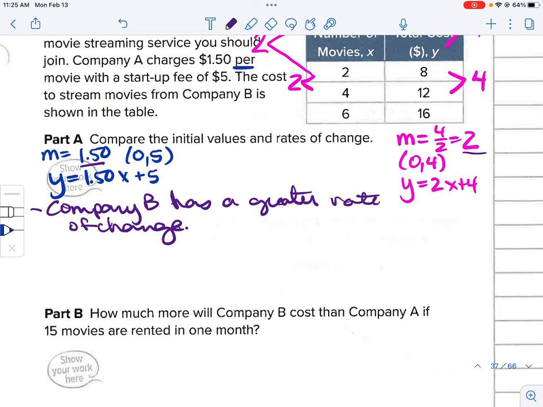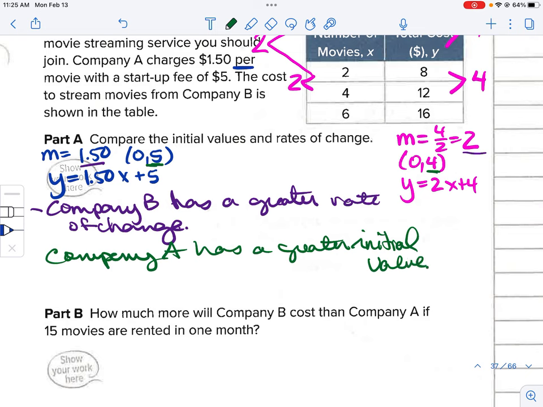Then I look at the y-intercept. It's 5 here. It's 4 here. So company A has a greater initial value.